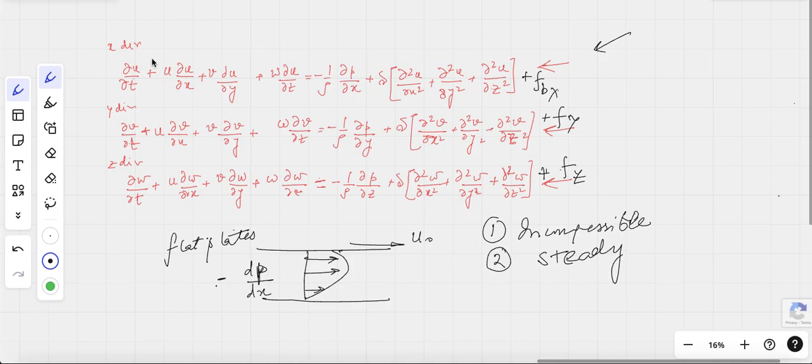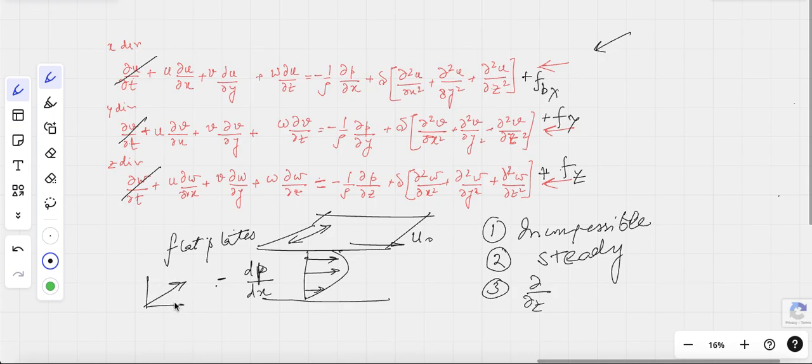Once we write steady, these terms vanish, right? This plate is very long in these directions, the width is huge, so there will be no change along the z direction.